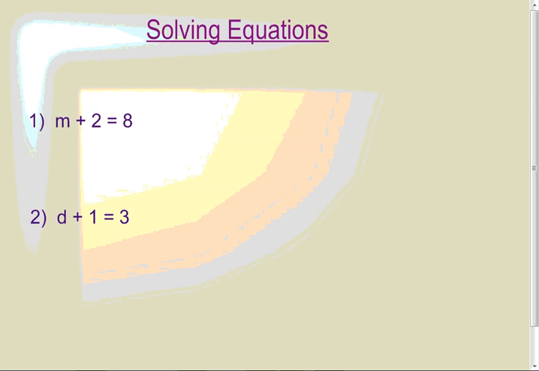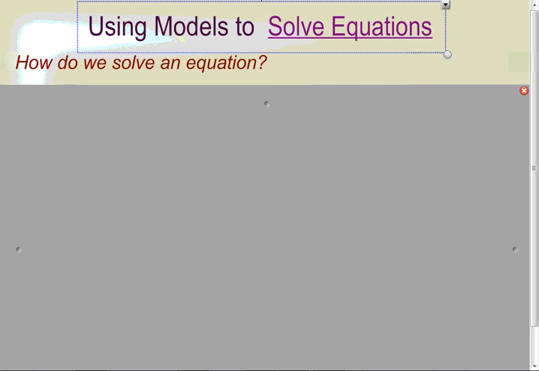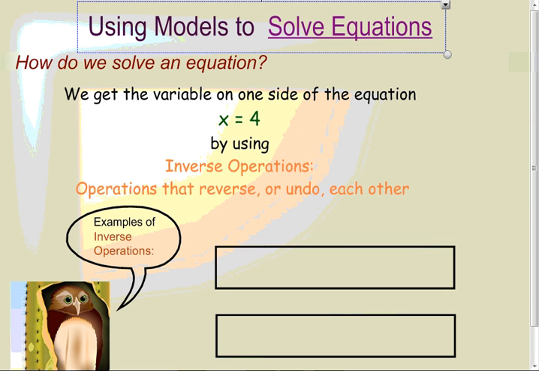Okay, so going back, how do we solve an equation? We want to get the variable on one side of the equation. The expression for that is isolate the variable. And we do inverse operations.